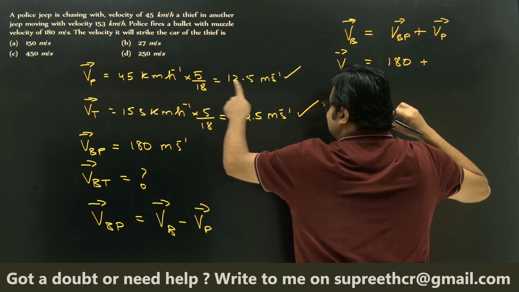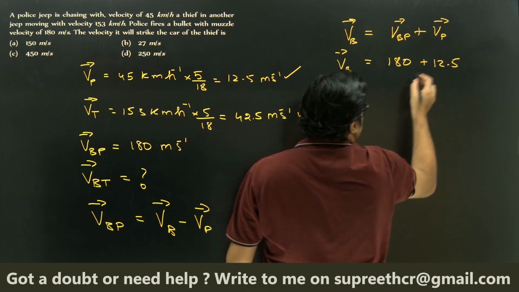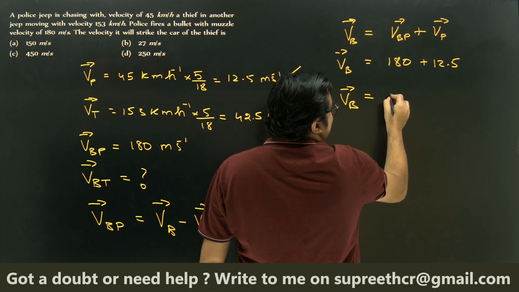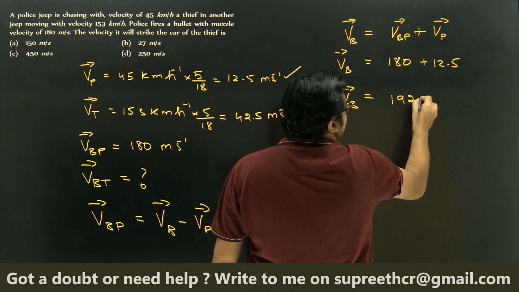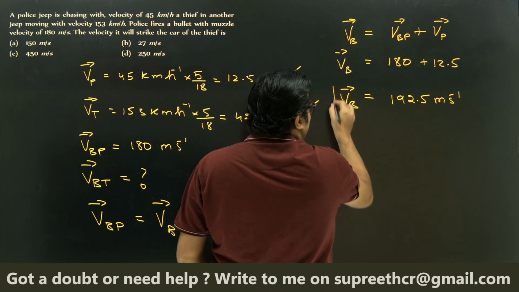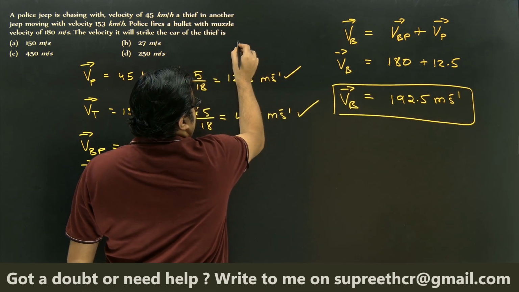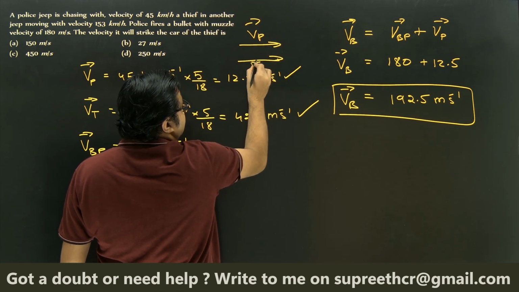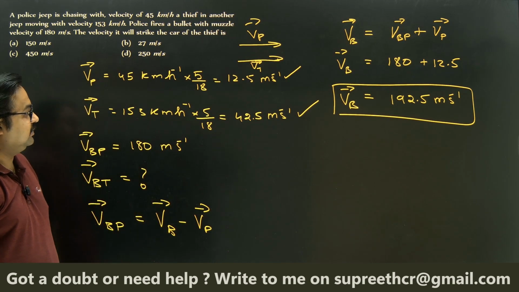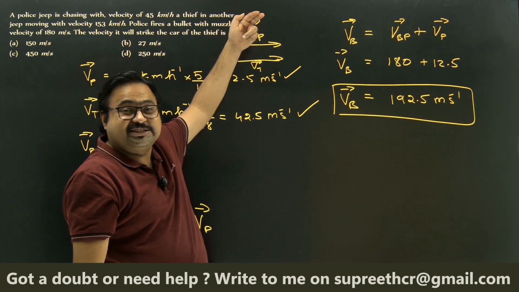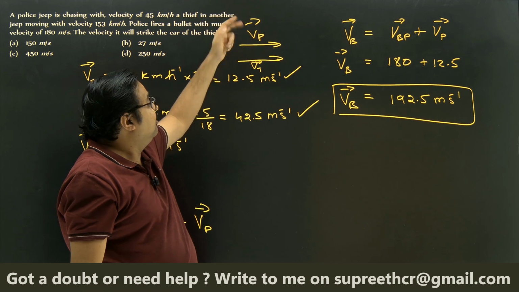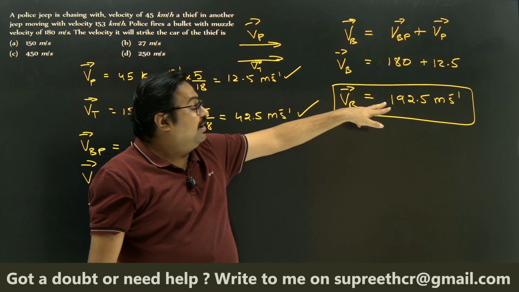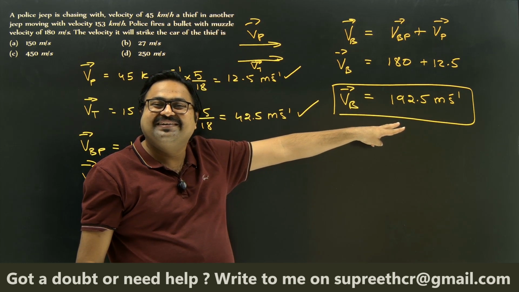In addition to that, velocity of police is 12.5. So I write 12.5. The velocity of bullet with respect to ground now is a positive 192.5 meter per second. So if the police and the thief are both moving in the same direction, obviously they're moving in the same direction, then when the bullet is fired from the police jeep, the bullet with respect to the ground would be traveling at 192.5 meter per second.